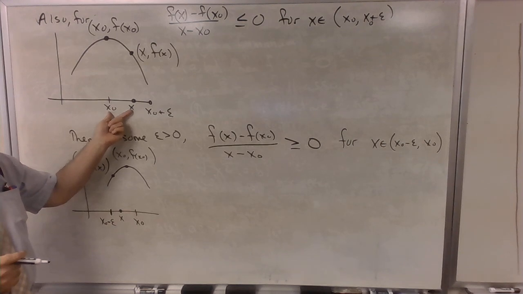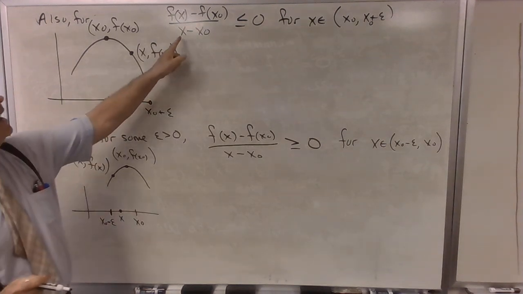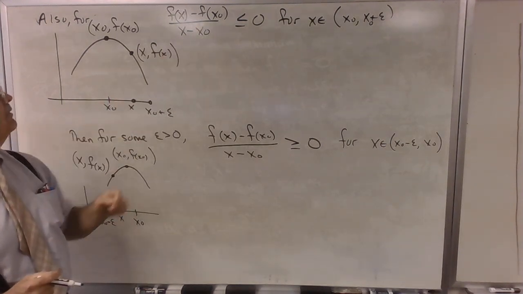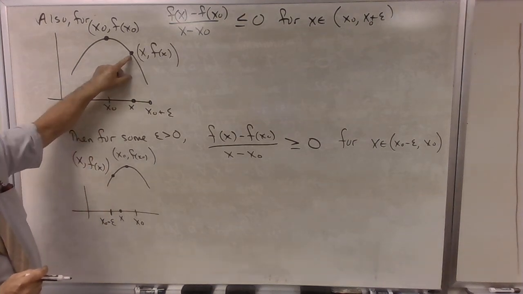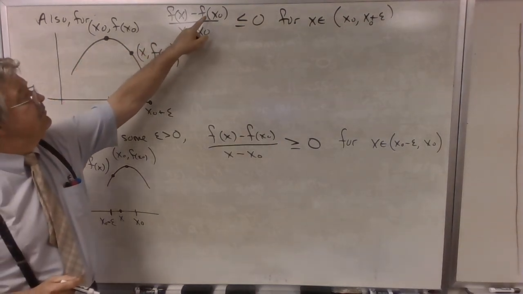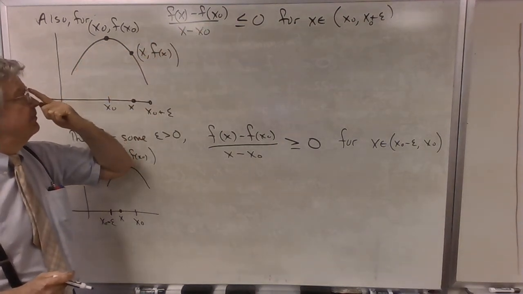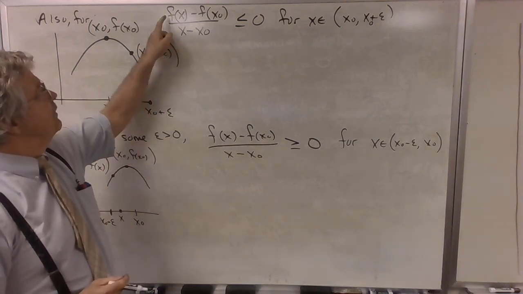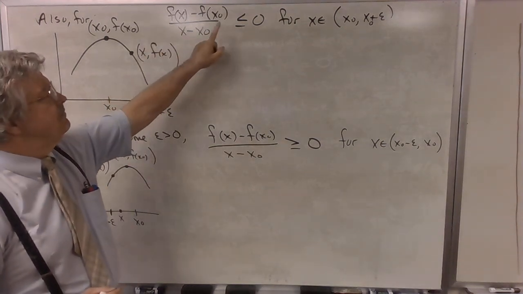Since x is greater than x naught, x minus x naught is positive. But since f of x is less than f of x naught, f of x minus f of x naught is negative. So we have negative over positive, that's negative.